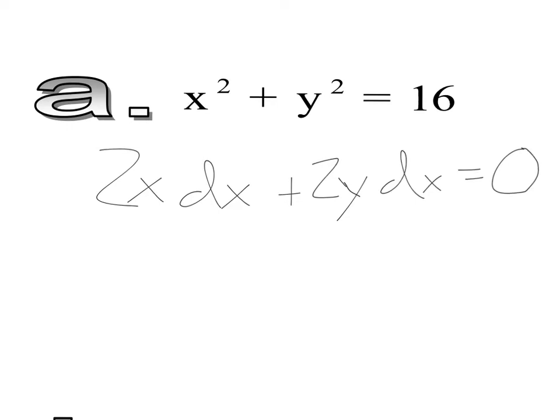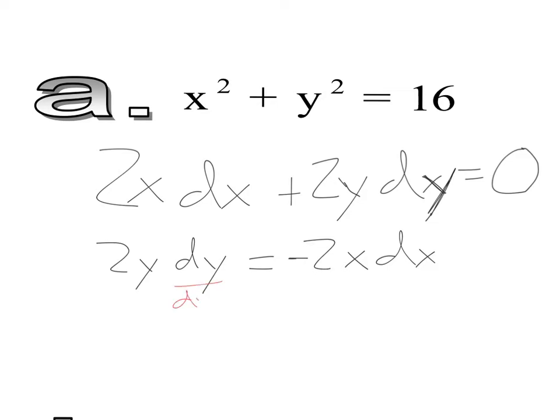All right, so we want to get, I apologize, this should have been dy, I wrote it wrong. We want to get the dy on one side and the dx on the other for now, and I'll show you how we do that. We're just going to subtract this whole thing, so we end up with 2y dy equals negative 2x dx. All right, now to get the dx underneath the dy, we're going to divide both sides by dx, and that'll cancel out the dx over here.